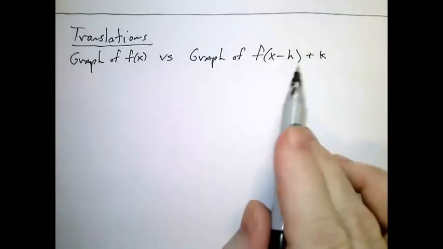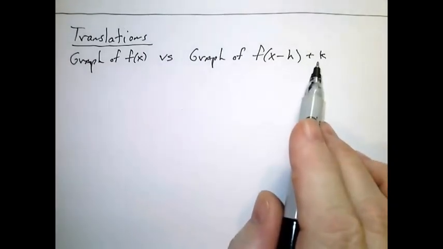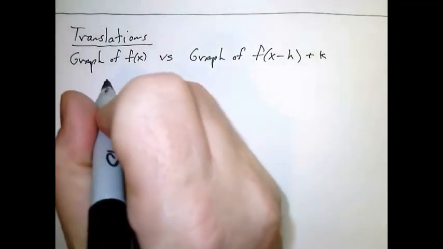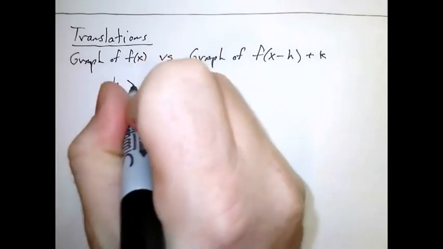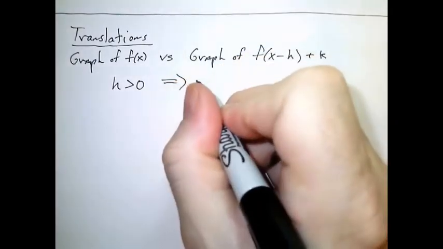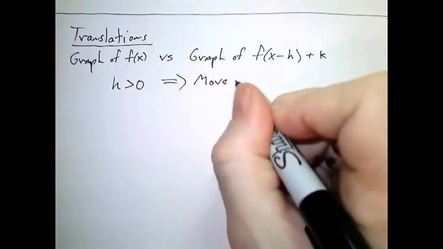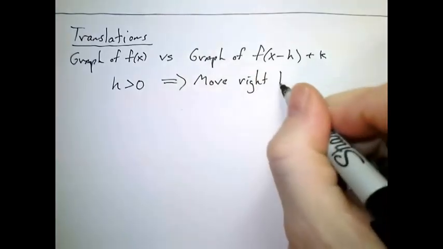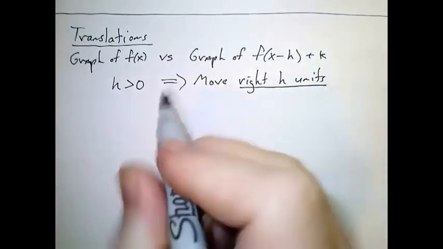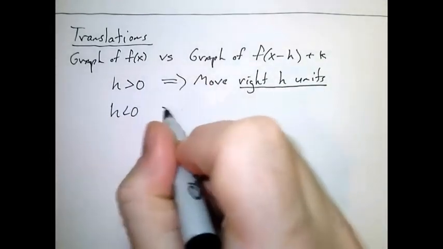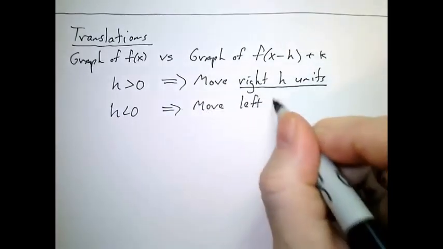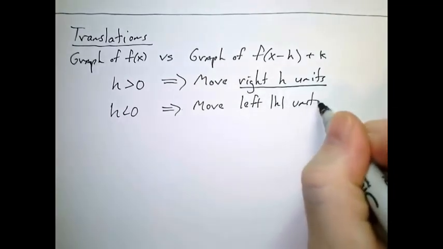So basically it's going to depend on our h and k here. If h is positive, we move the graph of f of x right h units to get our new graph. If h is negative, then we translate left absolute value of h units.